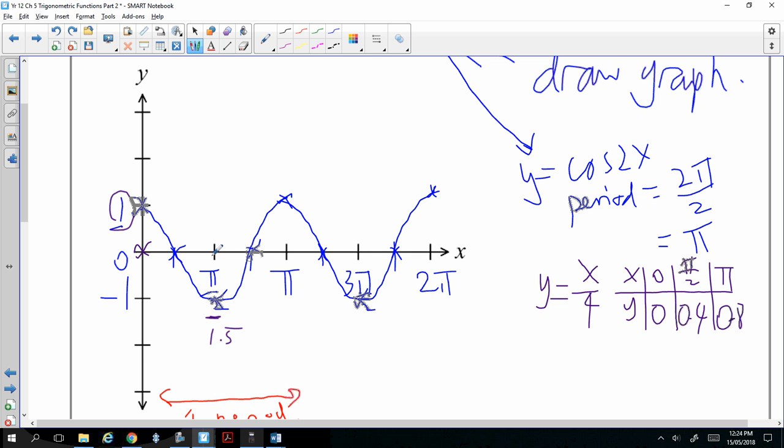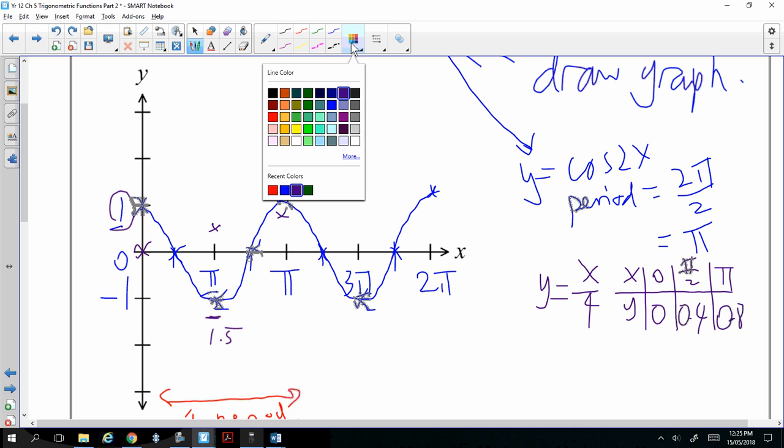And then the next one, when x is pi, y is 0.8, so a little bit below 1. And then if you join the dots, use a straight line. Draw a line in purple. Okay, all right, let's try to draw this.